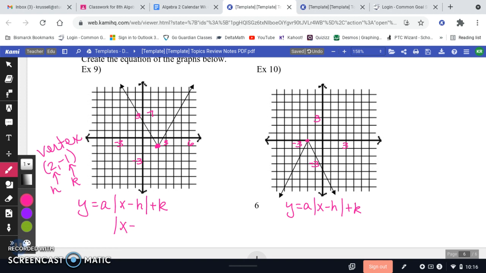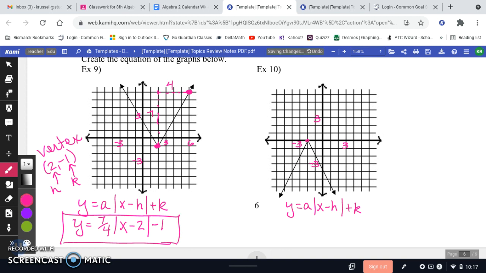So x minus, what's getting subtracted? My h, which is a 2. And then my k, keep that just as a -1. To find my a, we know a is positive because my graph is opening up. I'm going to go from the vertex, and it looks like my graph does a good job crossing right there. So if I count that slope, up and over, I go up 7 and over 4. So this is going to be 7/4, and there's my equation.